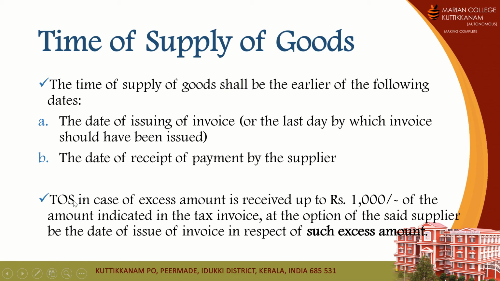So, TOS means time of supply. In case an excess amount up to rupees 1,000 over the amount indicated in the tax invoice is received, then at the option of the said supplier, the time of supply is the date of issue of invoice in respect of such excess amount. Whatever the excess amount, for that excess amount the time of supply will be the date of issue of invoice, and for the other amount we will determine the time of supply as in the above case, keeping in mind these two conditions.